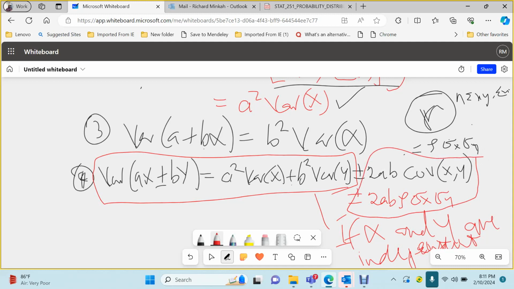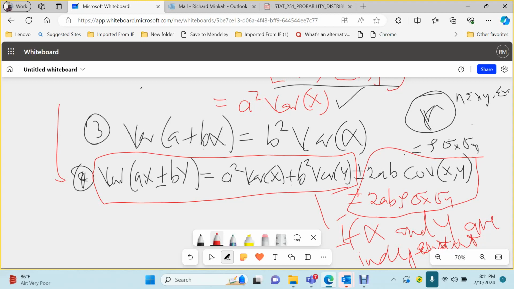Okay. Now, this has application in finance when they want to construct a portfolio. A portfolio is a collection of assets, right? In layman's language, they will tell you the proverb that you don't put all your eggs in one basket.